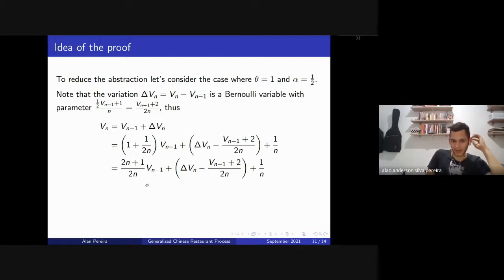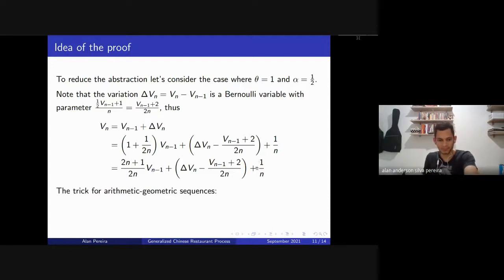So we can write Vn, the number of tables, as a function of the number at the last time, plus a random variable that is Bernoulli minus its parameter, so a centralized Bernoulli, plus a term that we can control in some sense. So we only have to make calculations with this arithmetic geometric sequence, okay?